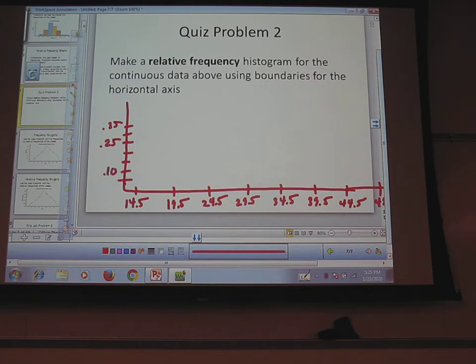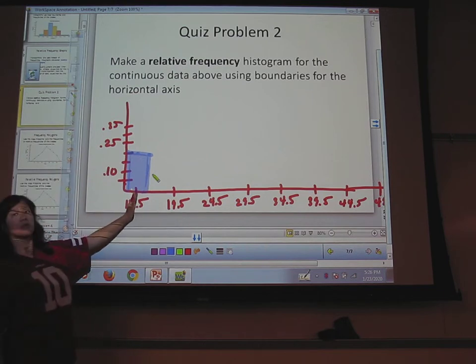So first, let me tell you what not to do. The first class has a frequency of 4, so it had a relative frequency of 0.2. Don't do this. This would be the one thing that you could lose points on, and some people did. They put 0.2 and centered it above 14.5.